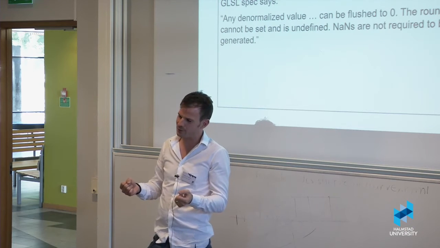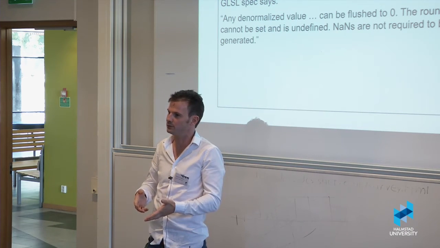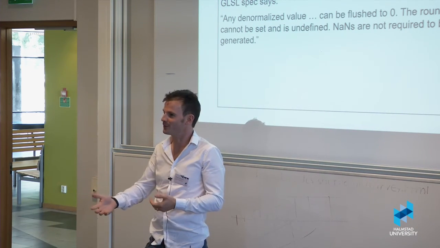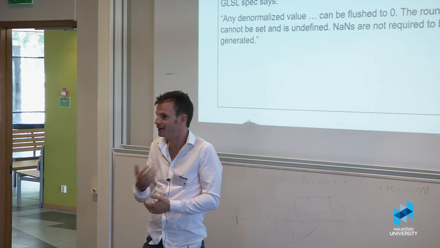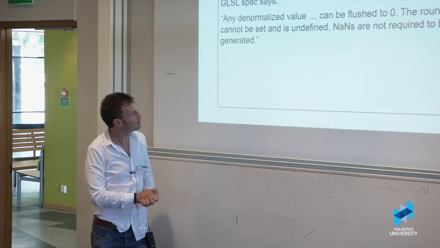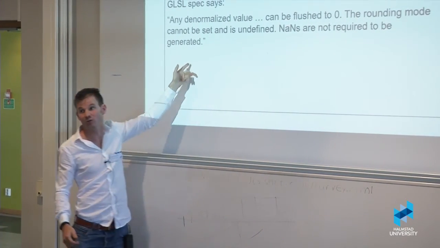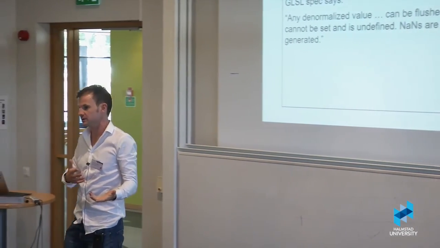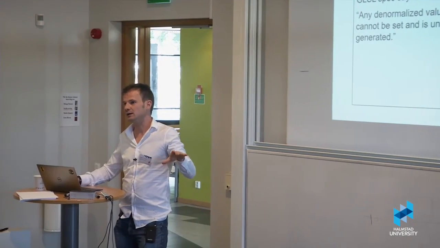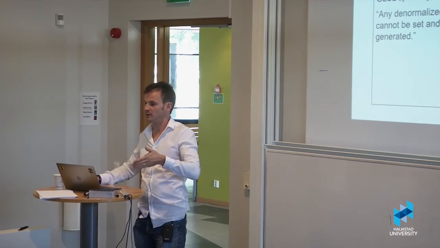I don't think you'd get the rounding mode changing for a single GPU during program execution, although the spec doesn't forbid that, but I don't see any reason why you would get that weird behavior. NaNs, not-a-numbers, are not required to be generated, but again, not required. They can be generated or might not be generated. So this means that really testing across different GPUs is going to be hard.